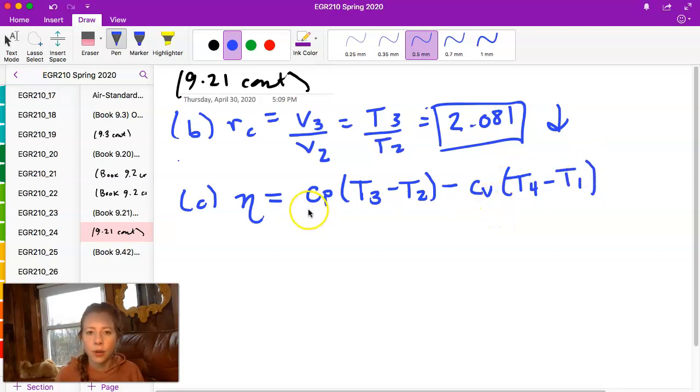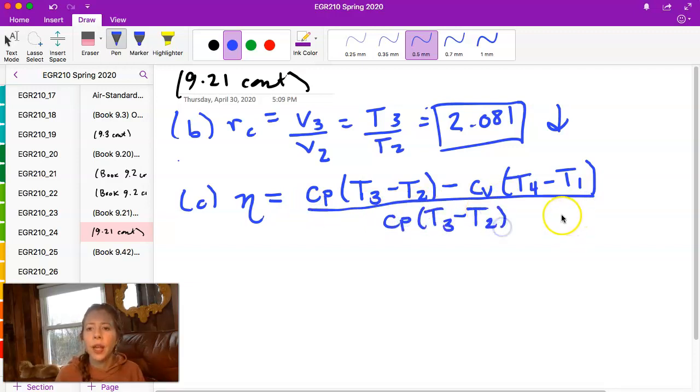And then we are going to divide by c_p (T3 minus T2). You can look up c_v for a temperature of 300 Kelvin in A20, and you get 0.718 kilojoules per kilogram Kelvin.